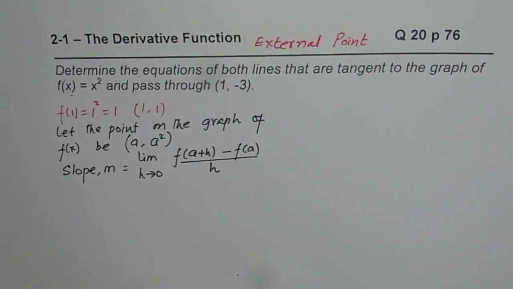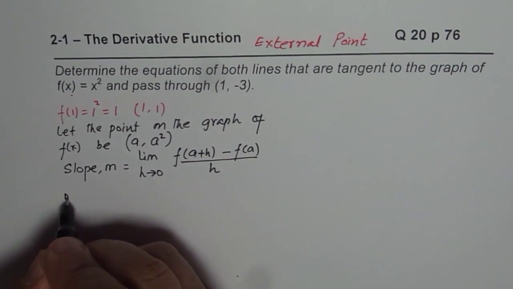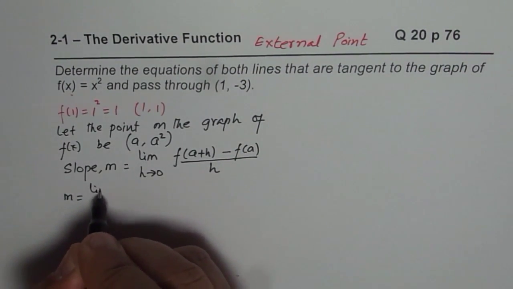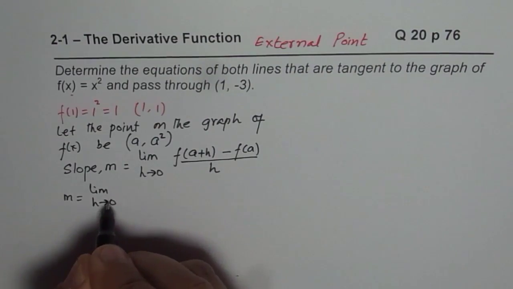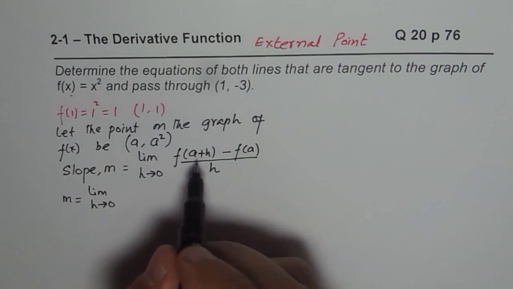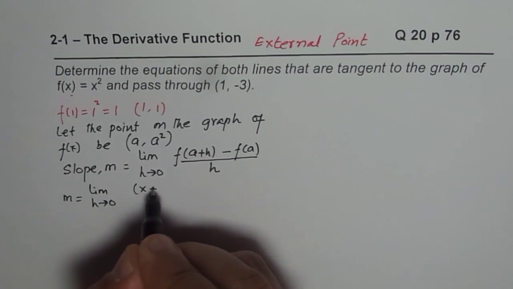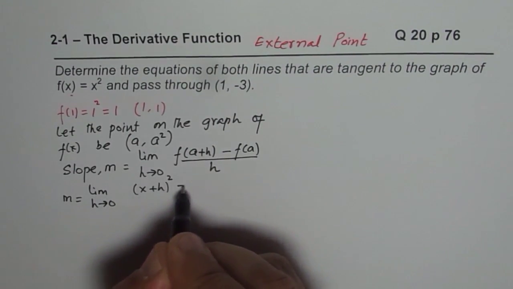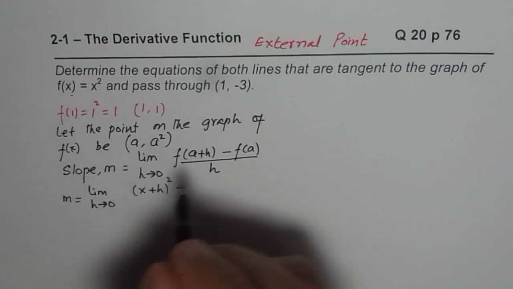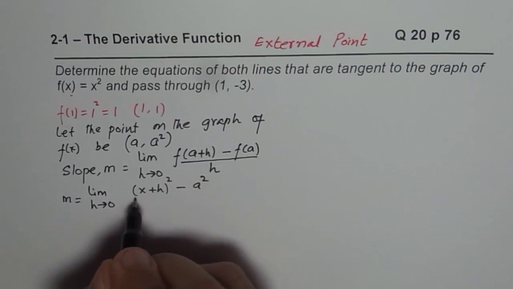So that is the formula which we are going to use. So let's simplify and use this formula. Limit h approaches 0, f of a plus h means x plus h whole squared, minus f of a, we'll replace this with a squared, divided by h.